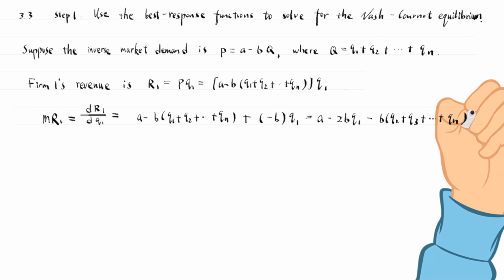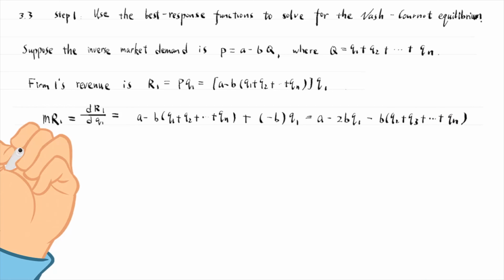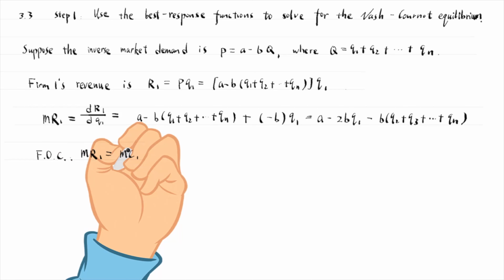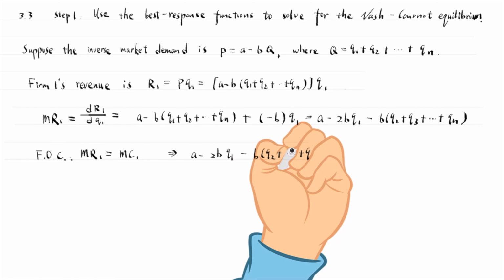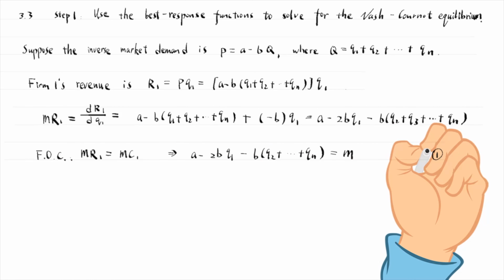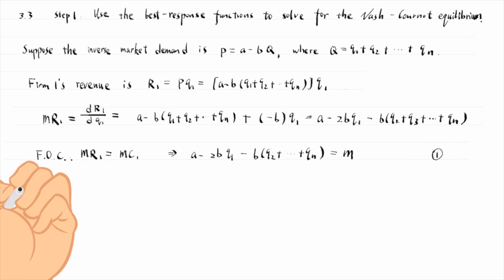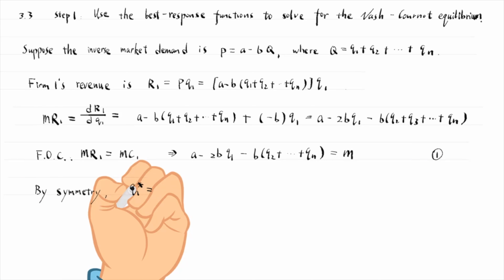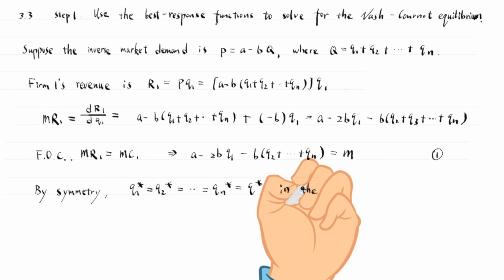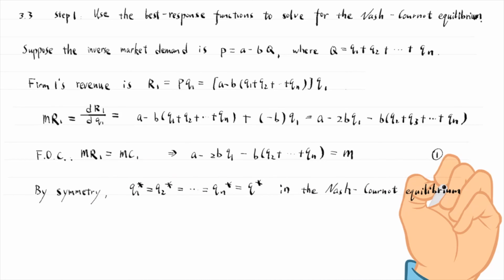Firm 1 operates like a monopoly with respect to its residual demand. The first order condition for its profit maximization is marginal revenue equals marginal cost. It leads to Firm 1's best response function, equation 1. By symmetry, each firm should produce the same output in the Nash-Cournot equilibrium.